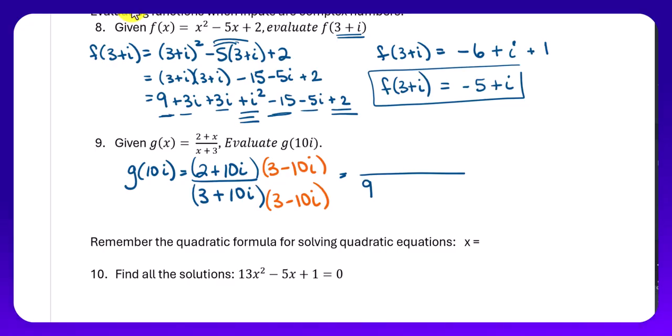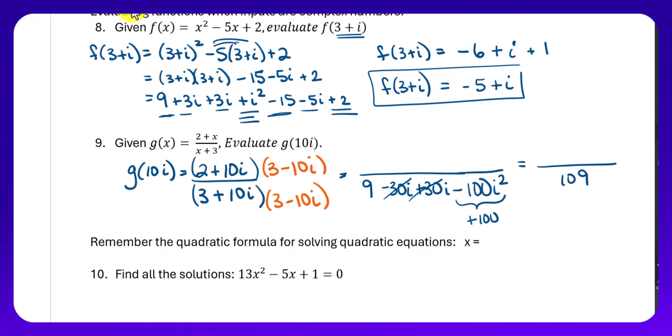Denominator: 9 minus 30i plus 30i minus 100i squared. Well, we know i squared turns this entire term to a plus 100. Those negate each other. So in the end, our denominator is 109.